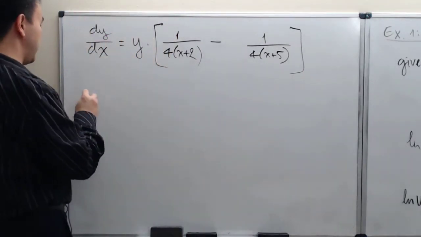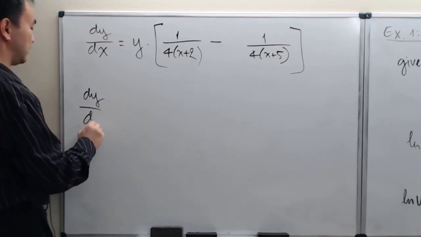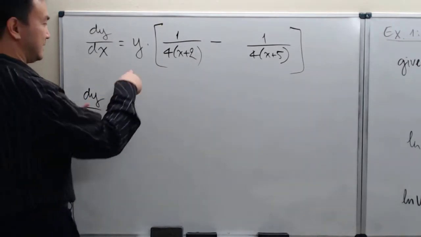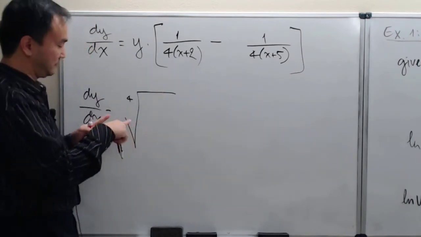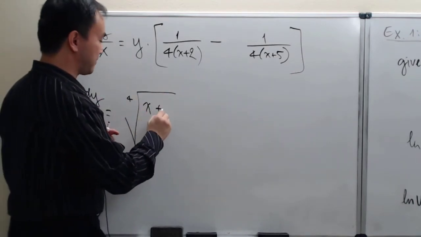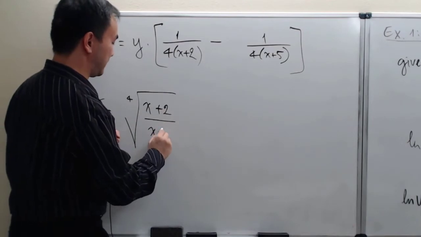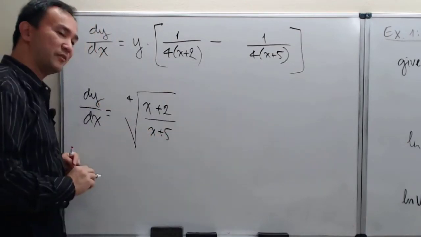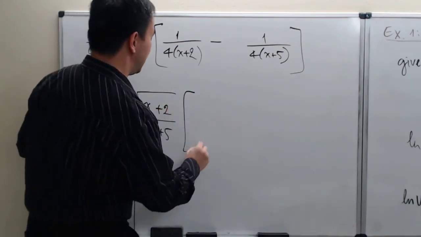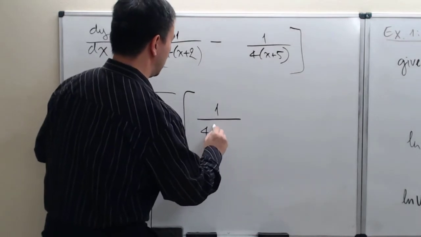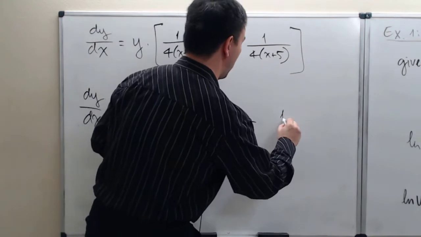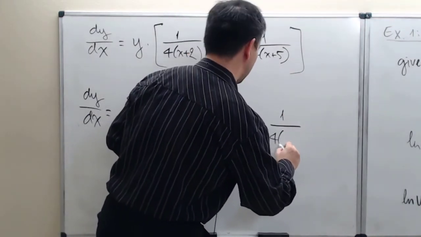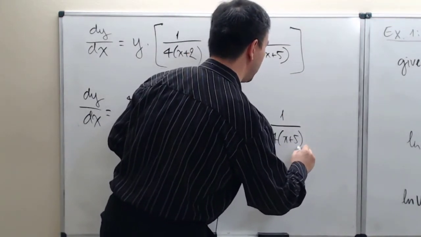Now this y variable, with dy/dx on the left-hand side, our derivative, can now be substituted back with what it was: the fourth root of (x plus 2) over (x plus 5). And I'm multiplying with 1 over 4 times (x plus 2) in the denominator minus 1 over 4 times (x plus 5) in the denominator.